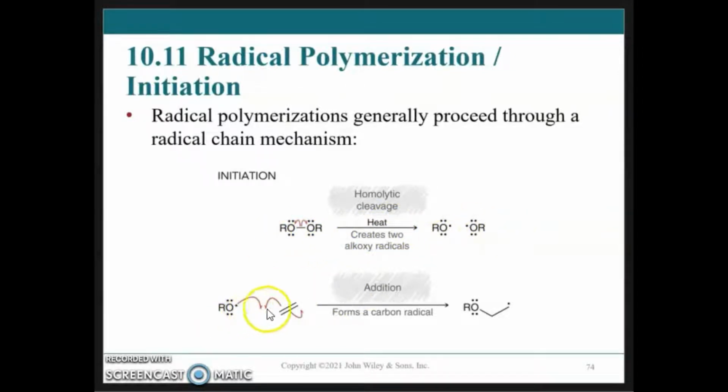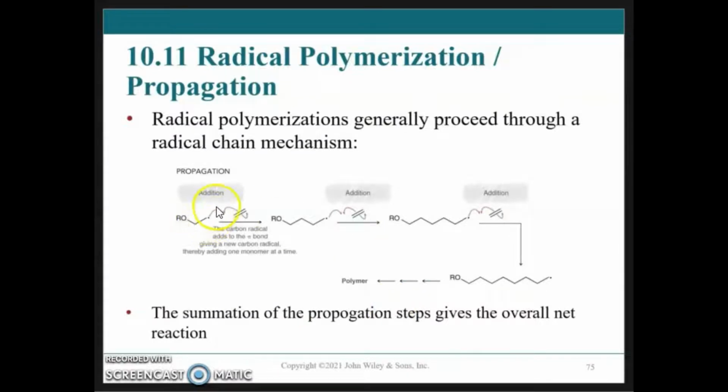One of those is going to add to an alkene and give us the alkyl radical, and then that will go on in the propagation step to add to another monomer unit, consuming and generating a propagation step radical, and this addition can continue as long as we have monomer available to make a very long polymer. So this gives us the overall net reaction.